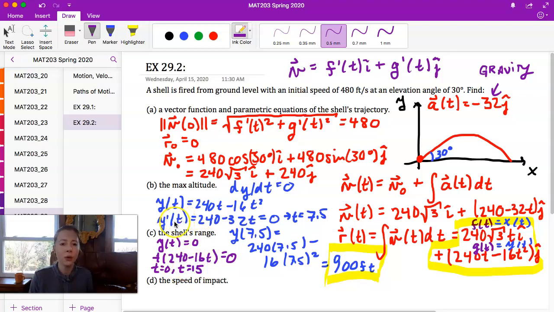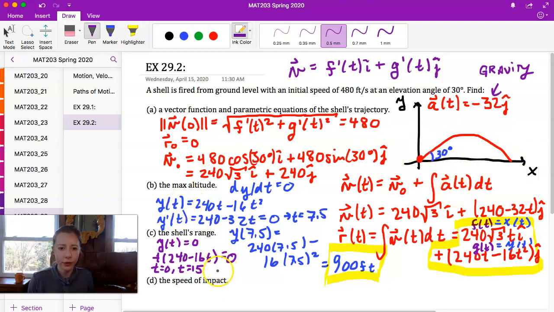Okay, so we know that y of 0 is 0. And now for x, also x of 0 is 0. So to get the range here, we only need to look at x of 15 because we started at 0, because it's the difference between the two to get the total range.